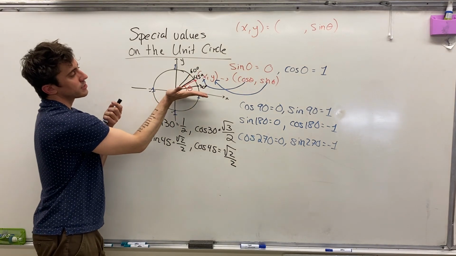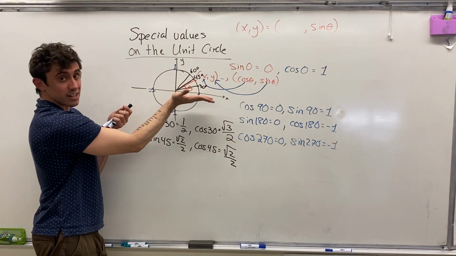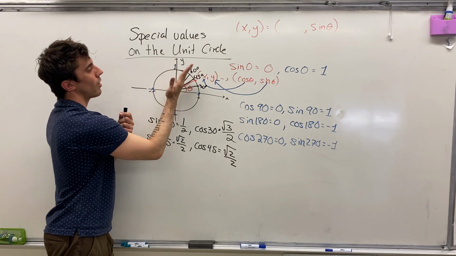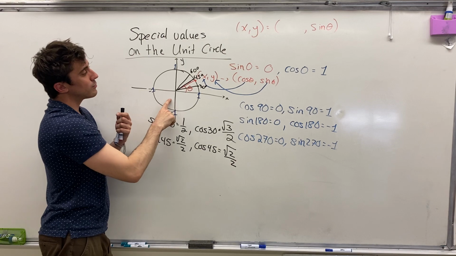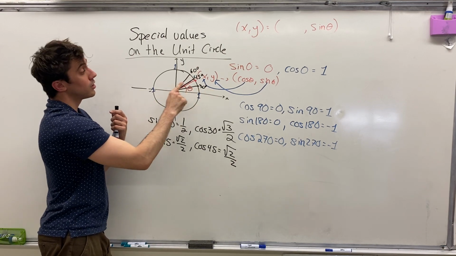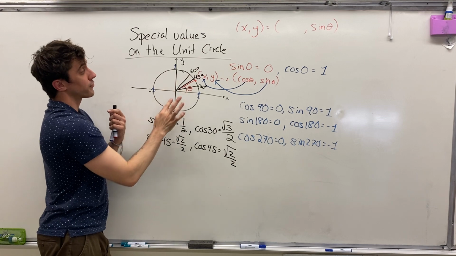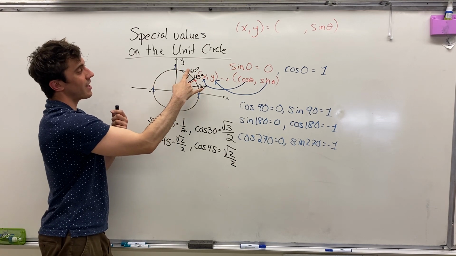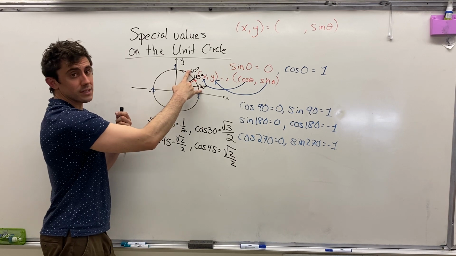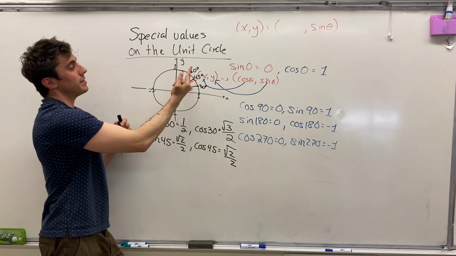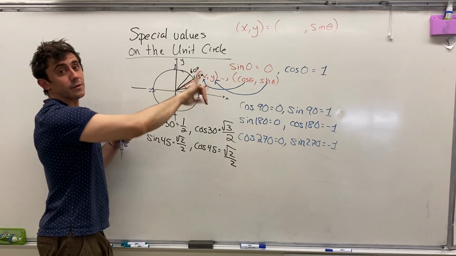So what 30 degrees is in the x direction is kind of analogous to what 60 degrees is in the y direction, okay? The same way that we argue that 30 degrees goes further in x than it does in y, 60 degrees goes further in y than it does in x. And so we actually see the values of the x and the y coordinates, and therefore the values of the sine and the cos, be perfectly mirrored, perfectly reversed.